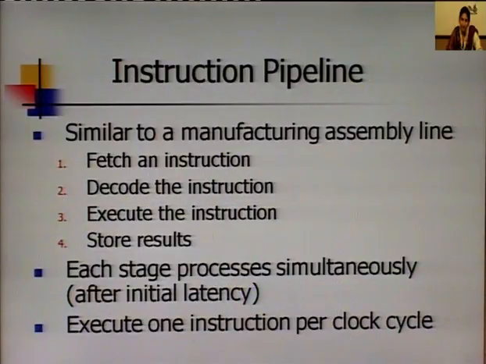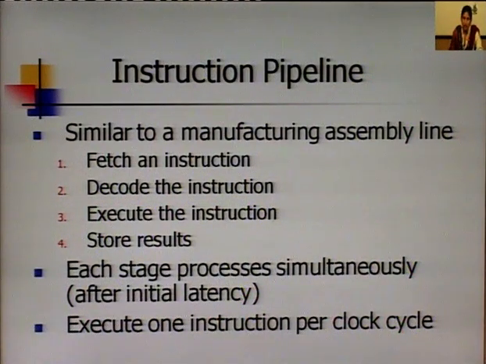Third is execute the instruction, that is the main core part of these 4 steps. In this third step, execution is done, that means operations are performed at the processor level. And the fourth is store results. The results produced by the execution phase are stored or produced as an output in the 4th stage.